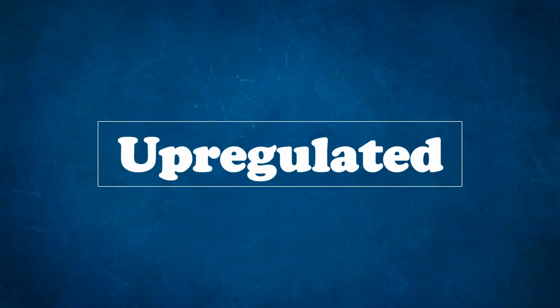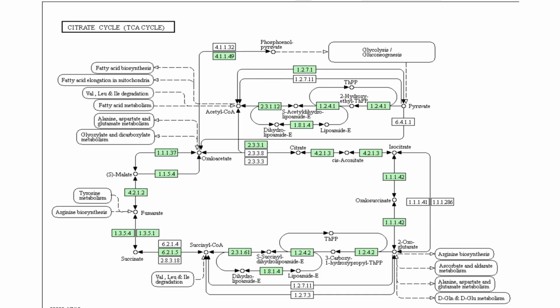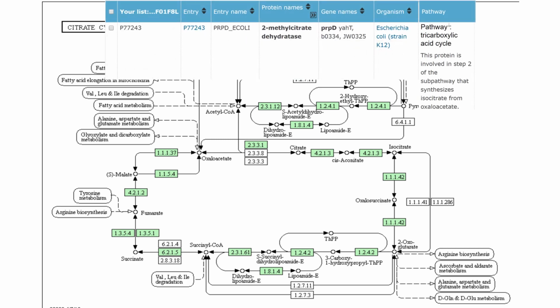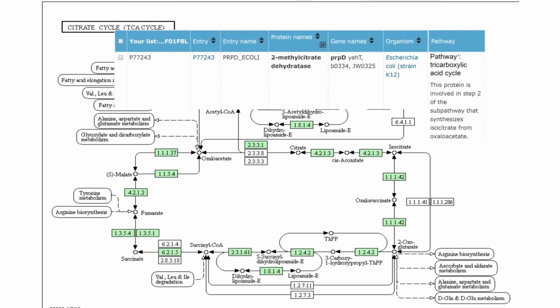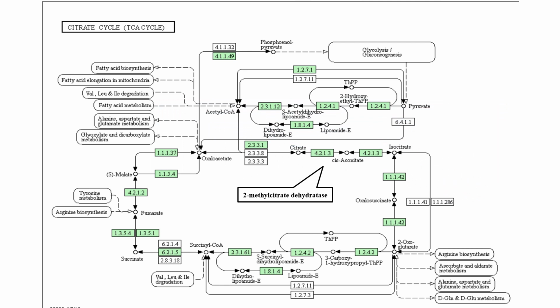Now, let's talk about the proteins that were upregulated in the treatment group and staying normal in the control group. One of the proteins was involved in the citric acid TCA cycle. The TCA cycle is an important mechanism of generating ATP from glucose. And the protein I found was PRDPE, which is involved in the process of making isocitrate from citrate or oxaloacetate.